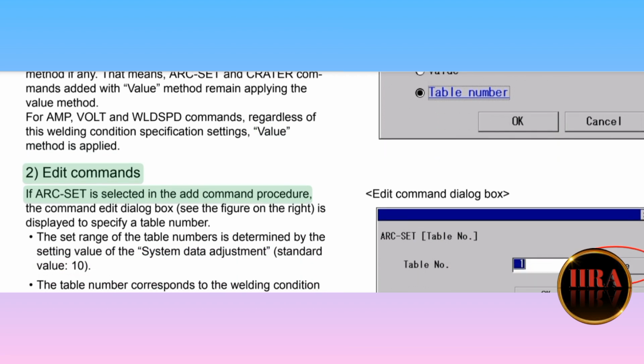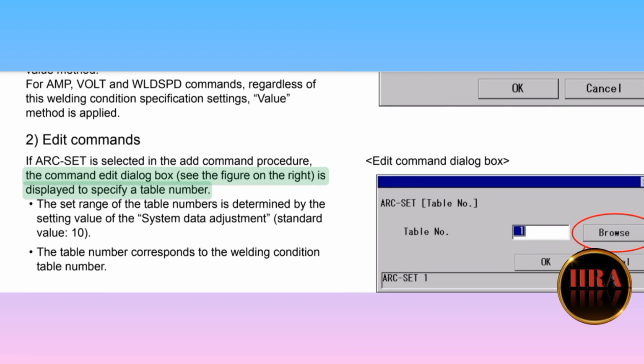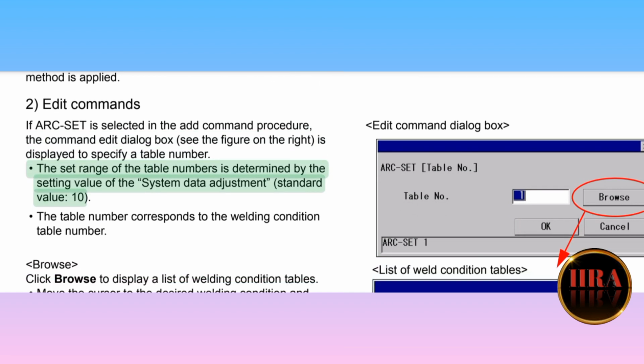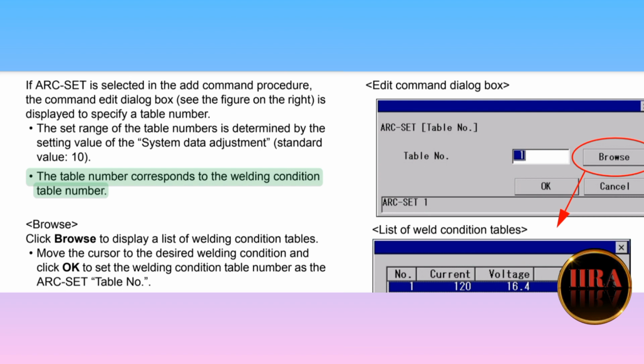2. Edit commands. If arc set is selected in the add command procedure, the command edit dialog box, see the figure on the right, is displayed to specify a table number. The set range of the table numbers is determined by the setting value of the system data adjustment standard value 10. The table number corresponds to the welding condition table number.